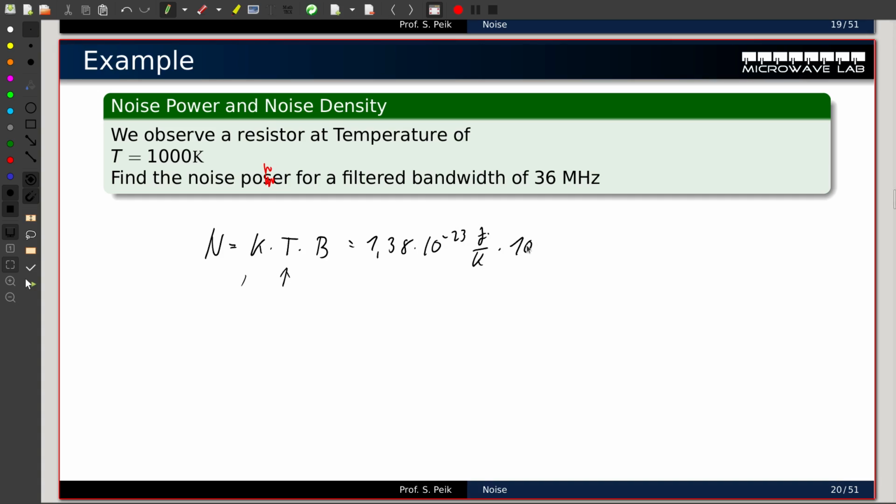And my bandwidth is 36 times 10 to the 6 1 over seconds, because it's hertz. Now joule is watt seconds, and that means we can cancel out the seconds here, and we end up with a value in watts. It must be power.